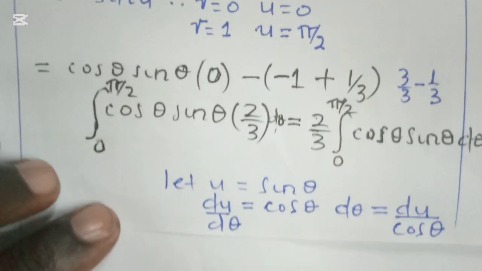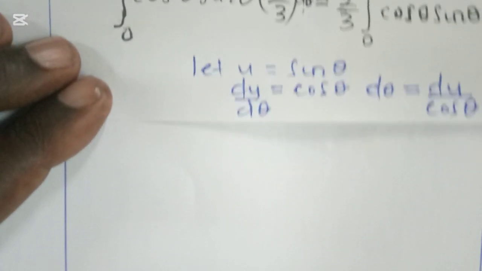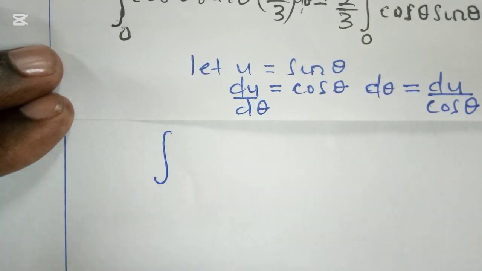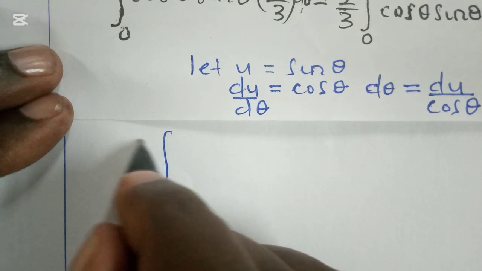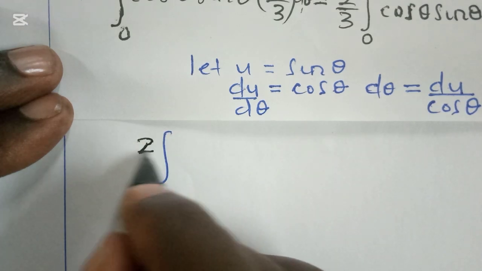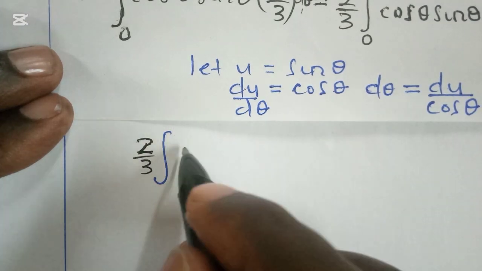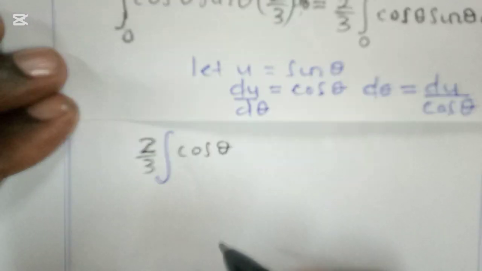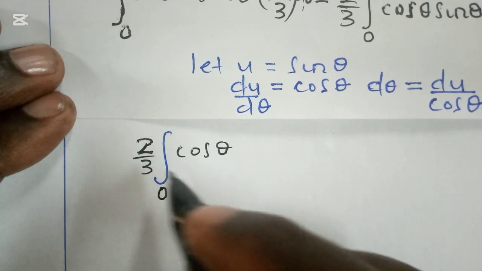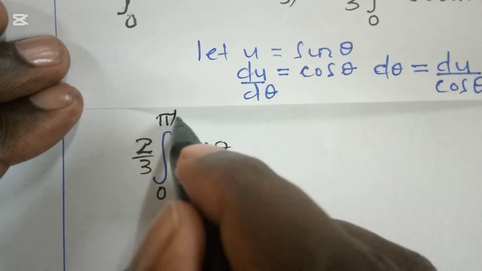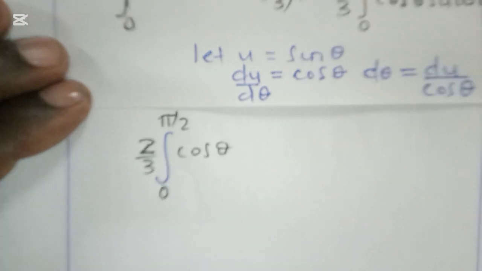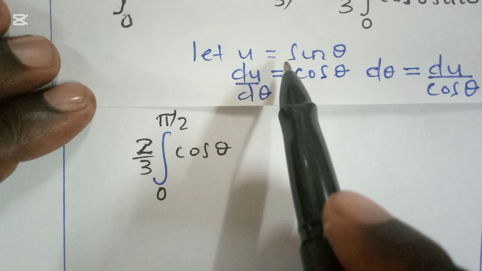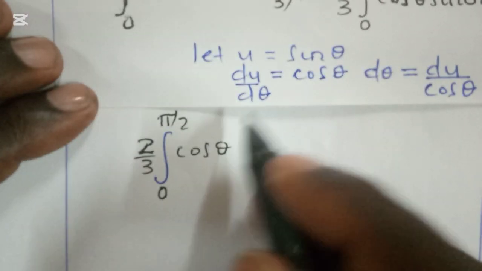So therefore we bring this now here, we integrate now here. We say 2 over 3 integral, we come and write our cos theta there. After writing cos theta, the limits are 0 to pi over 2. Then we write sine, but sine now is supposed to be u.